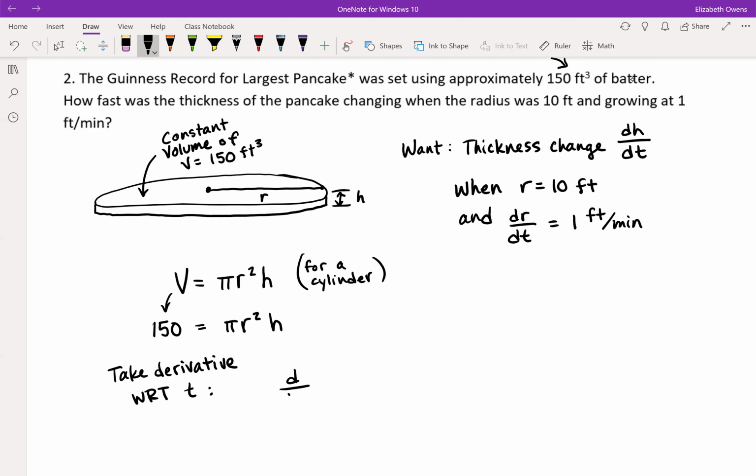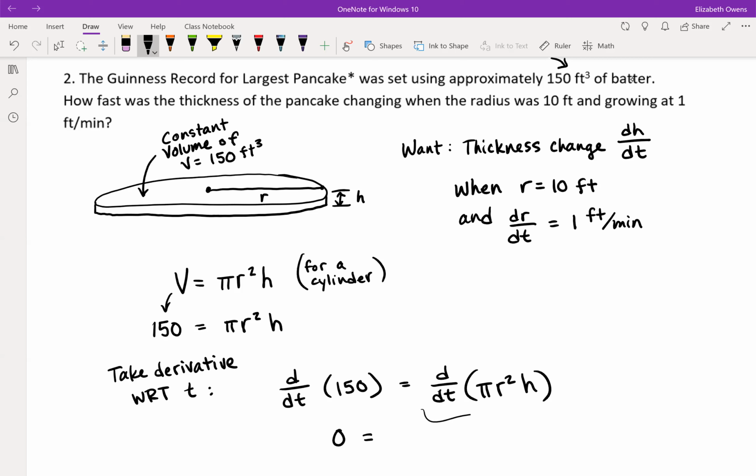So d/dt of 150 equals d/dt of pi r squared h. On the left-hand side, the derivative of any constant with respect to any variable is just going to be 0.